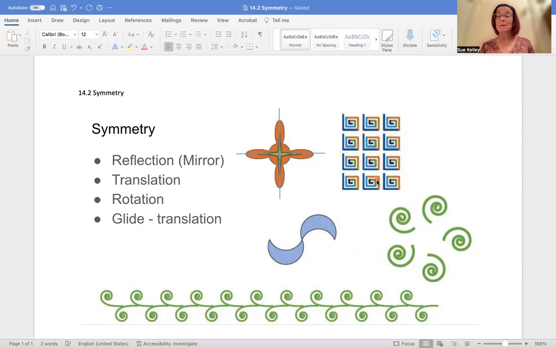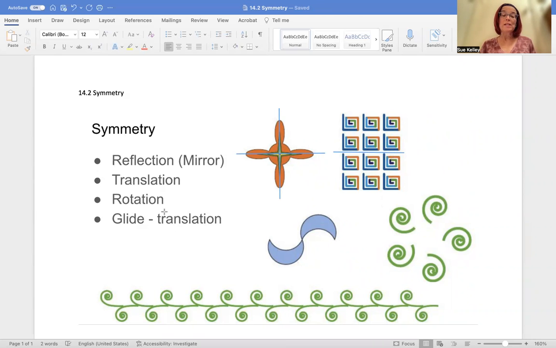This shape is symmetrical based on the fact that these shapes are translated to one another. We could also draw a line of symmetry here and fold this whole group of shapes in half, and they would be symmetrical that way.